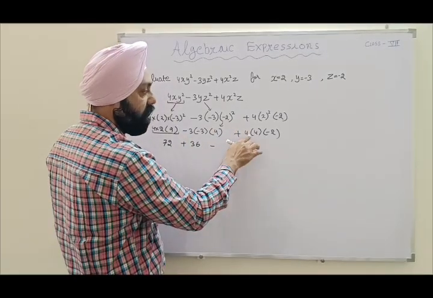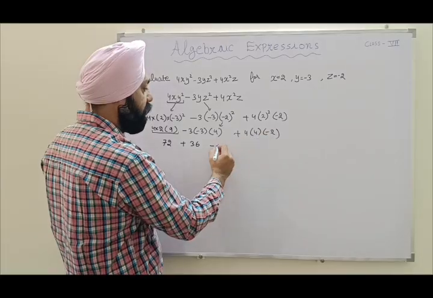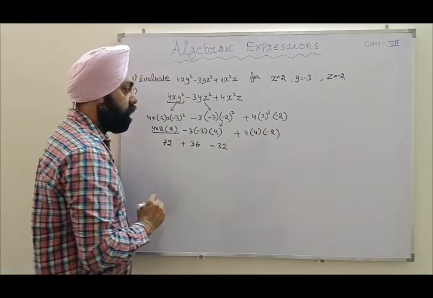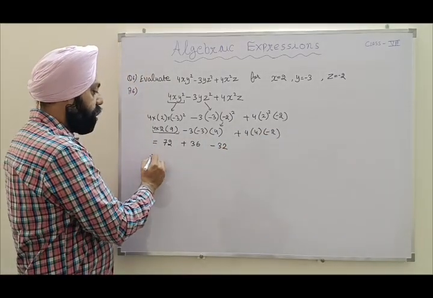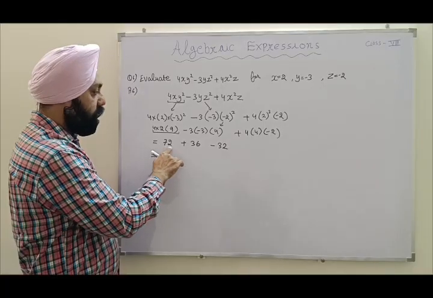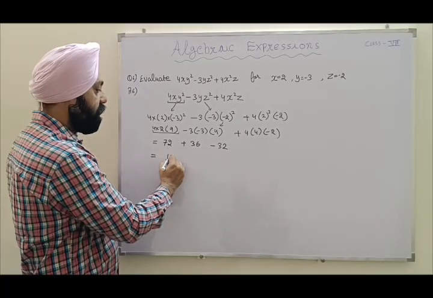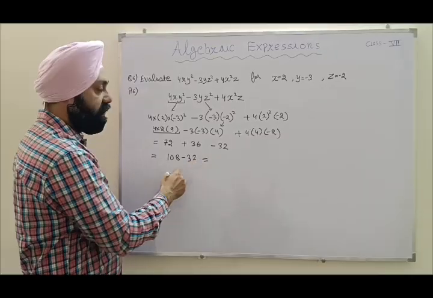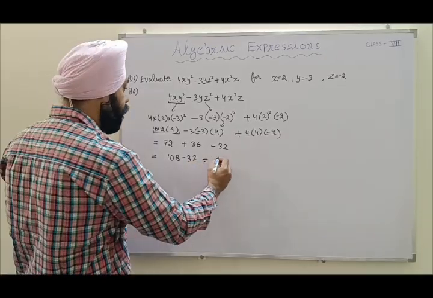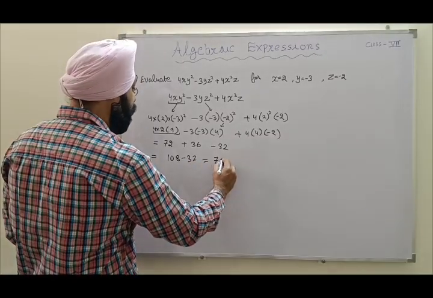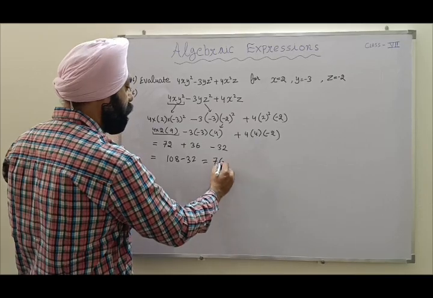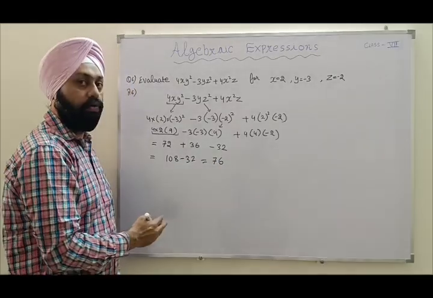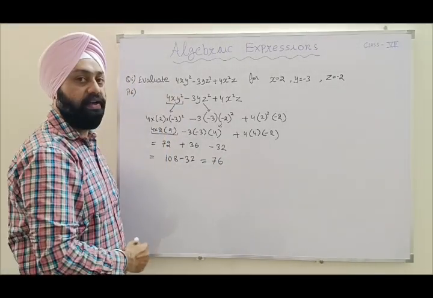So it is minus, 4 4s are 16, 16 and 2 will give 32. So now you can simply add and subtract. So 72 and 36 will give 108 minus 32. So 108 minus 32 will give 76 as the answer. So this is the value of the given expression.